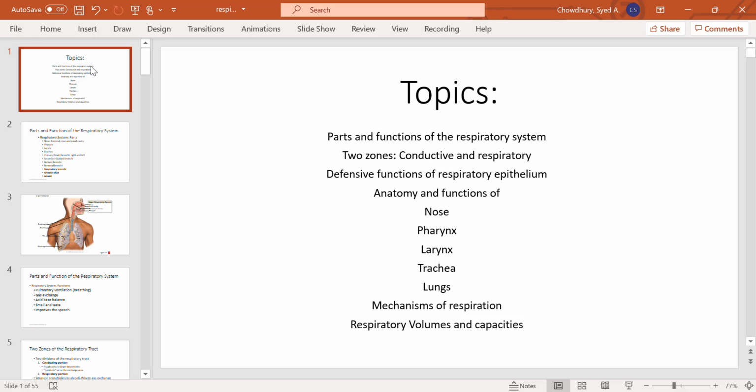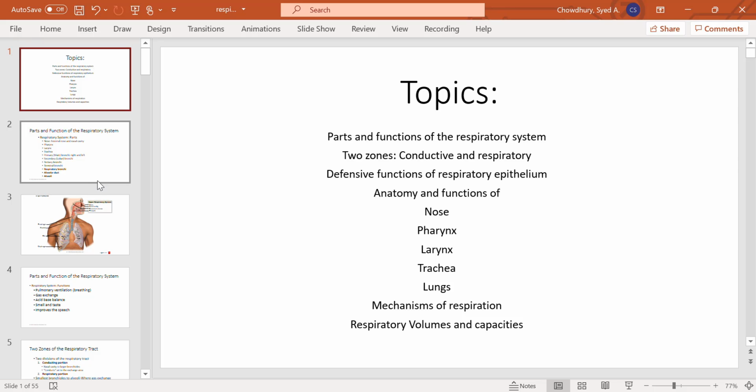Just know that the respiratory system works closely with the cardiovascular system, because after you take the oxygen into the lung, from the lung, your blood, which is a part of your cardiovascular system, takes the oxygen from the lung and gives the oxygen to the body, to the tissue, and that's why the respiratory system and cardiovascular system, they work together to accomplish the function, right?